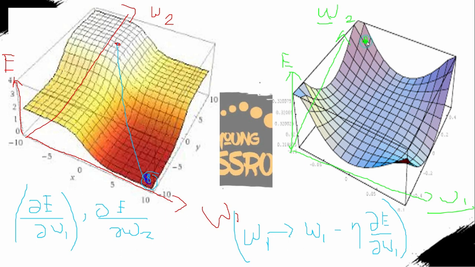Let's consider that at this point the derivative with respect to w1 would be somewhat like this. With respect to w2 it would be somewhat like this, and so our point would be moving in somewhat this direction, the resultant of these.